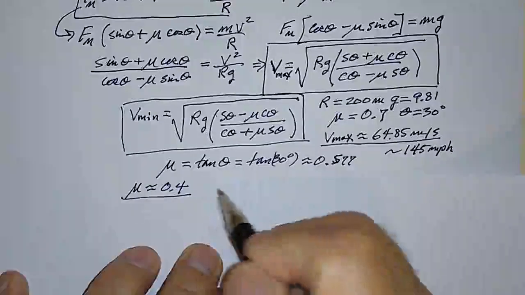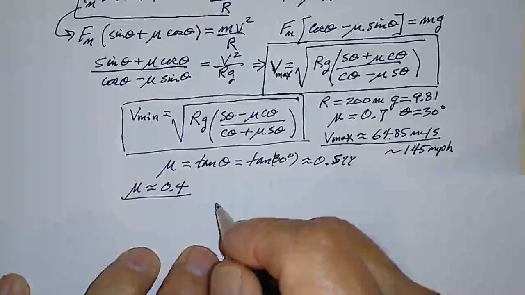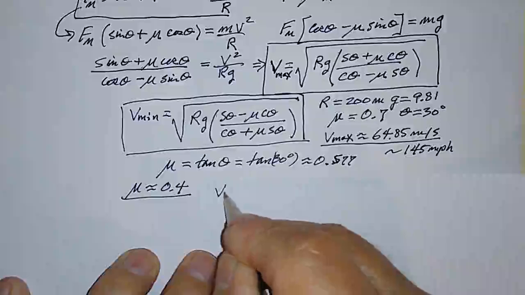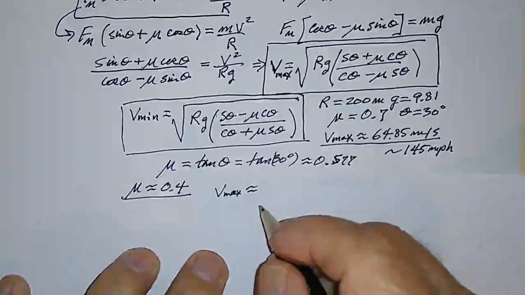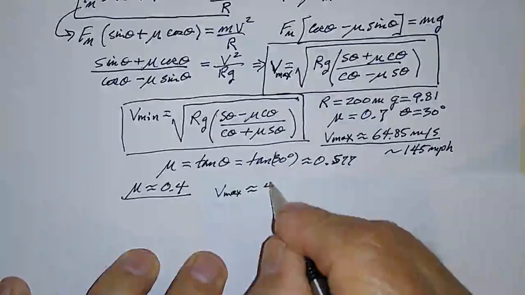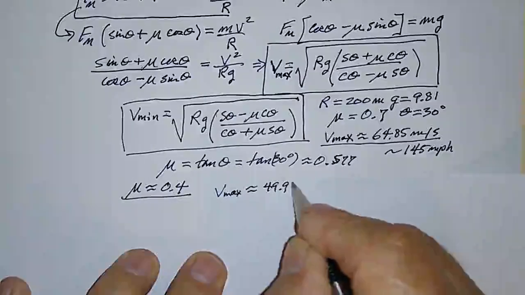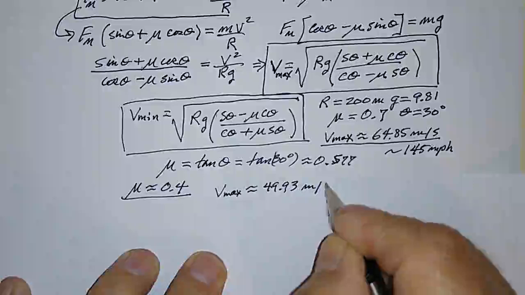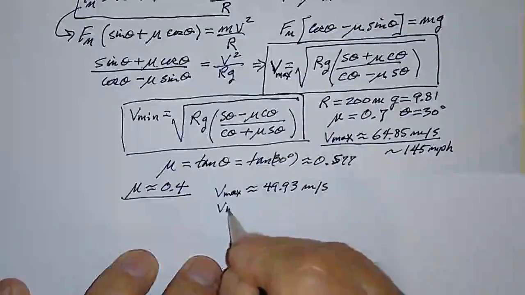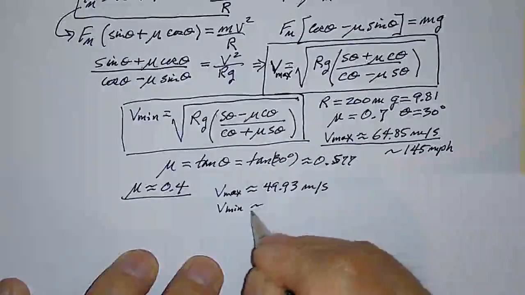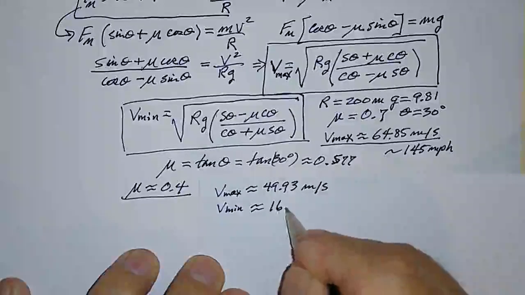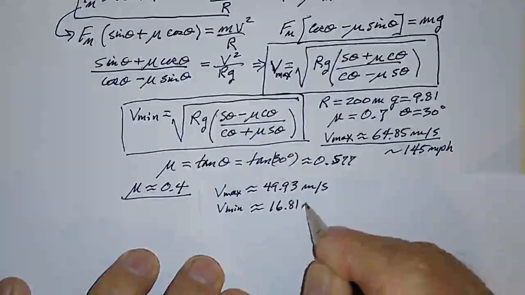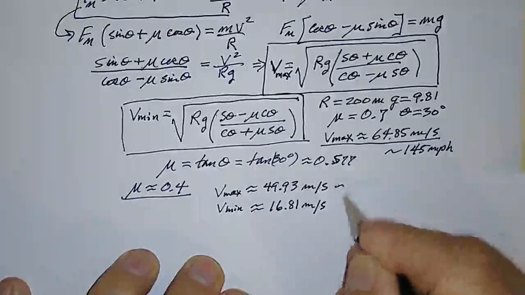So with mu equals 0.4, then Vmax worked out to be about 49.93 meters per second, and Vmin in this case worked out to be about 16.81 meters per second.